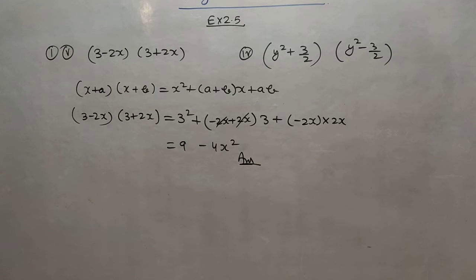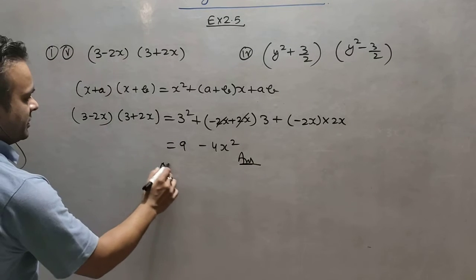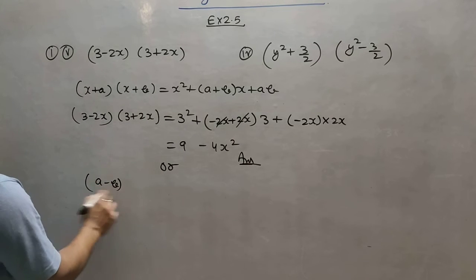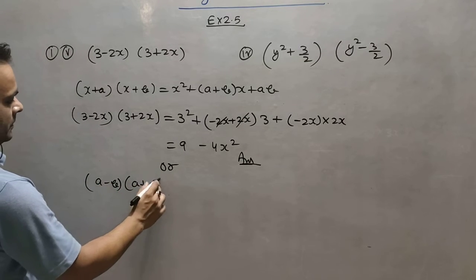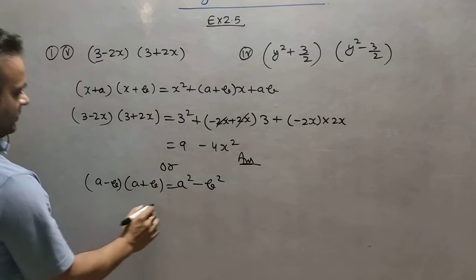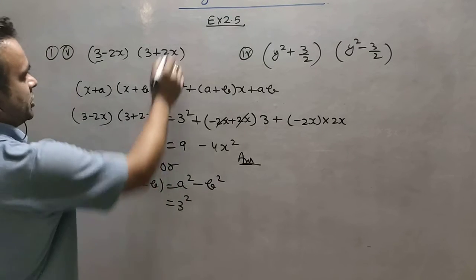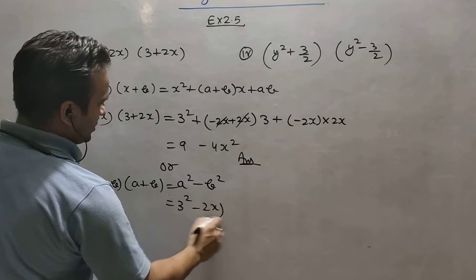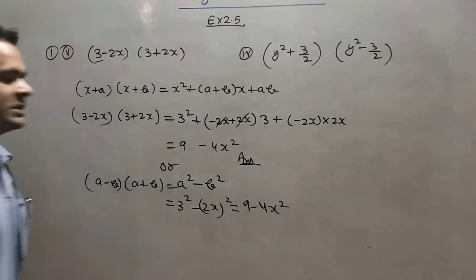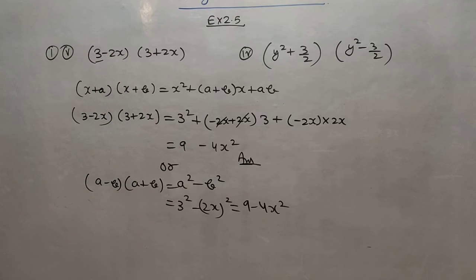And there is one more thing, we can use one more identity here, a minus b and a plus b. What is a minus b and a plus b? A square minus b square. So what is a? 3. So it is 3 square. What is b? 2x. So minus 2x whole square. So it is 9 minus 4x square. It means in this sum we can use two identities together, right?